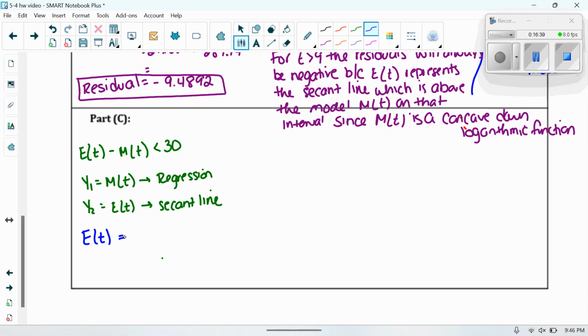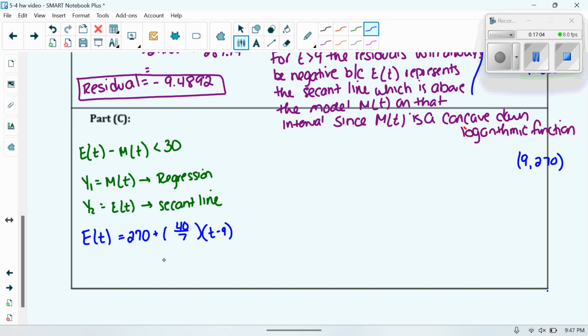Remembering that my starting point on my graph, I'm going to use 9, 270. So 270 plus my average rate of change times that value subtracted from T. My average rate of change I'm going to put in as 40/7.